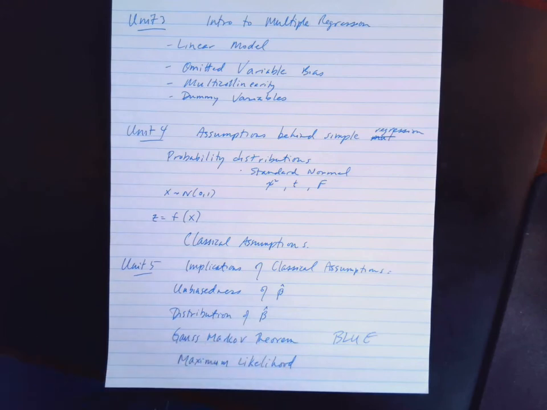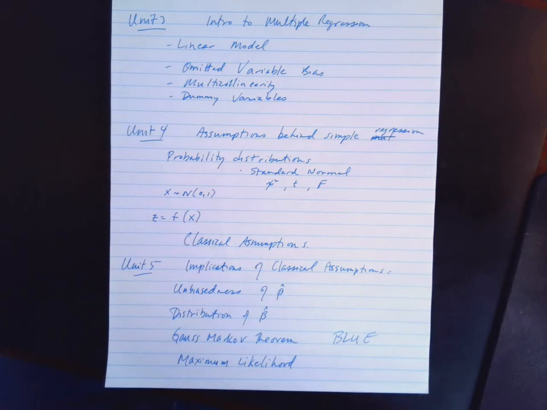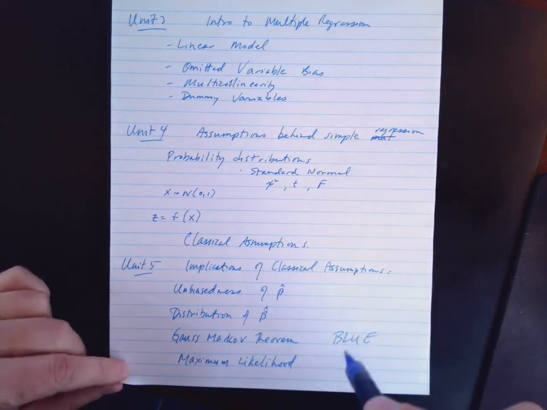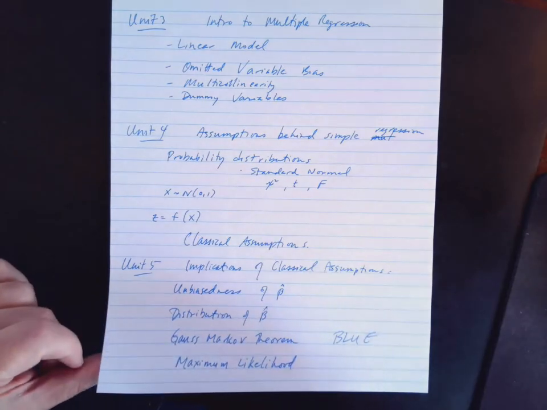You're maximizing a good property or minimizing a bad property. So in the least squares rule, we're minimizing the sum of the squared errors. In maximum likelihood, we're maximizing the chance that we've got the right parameters. And fortunately, under the classical assumptions, both approaches give us the same answer.